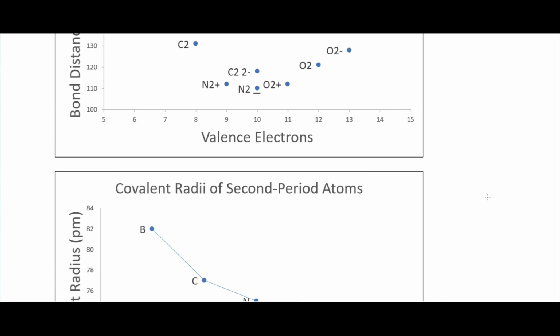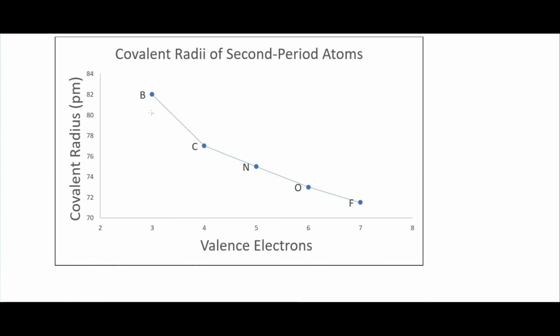Then the atomic radius we see just sort of goes down, as is the trend of the periodic table. As you go from left to right, the atomic radius goes down. And that's because we have the same number of shells in each of these. So we have the 1s2, the 2s2, and then the 2p, and then I guess we can put n as we go down, so n going up by 1 as we go down.